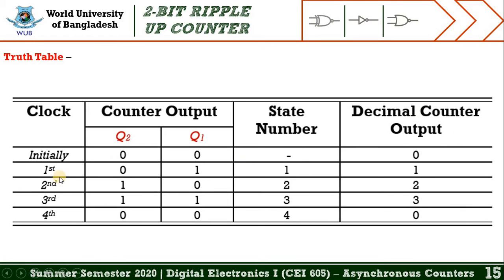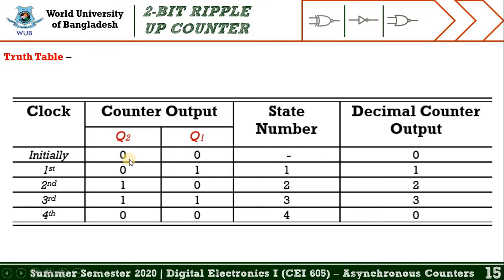If we look at the clock column, the first state is the initial condition. In that case, both the outputs of the counter are 0, so this state has no number, and the decimal counter output is 0.